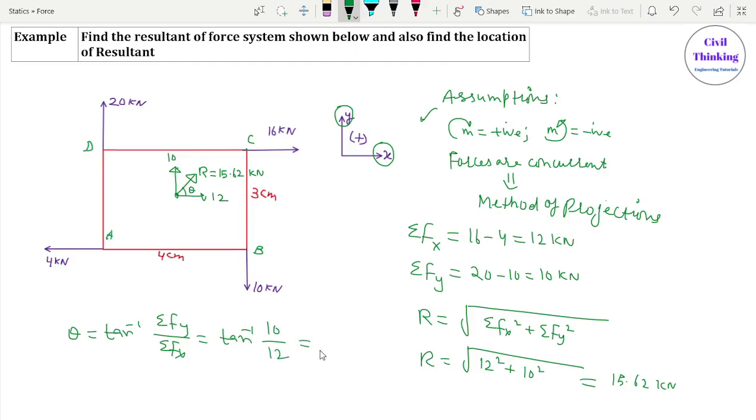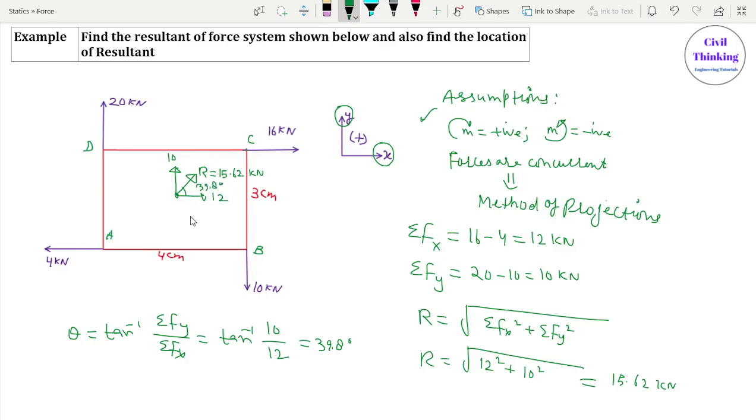So it is approximately 39.8 degrees. So the resultant is making an angle of 39.8 degrees with the horizontal.